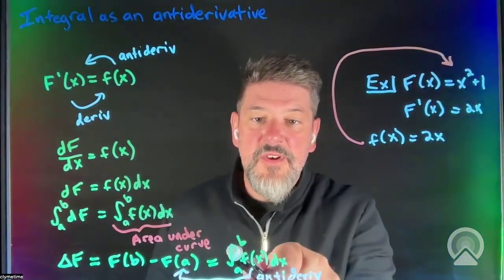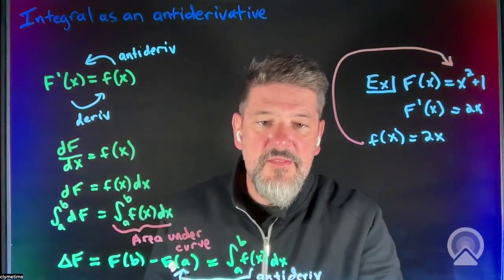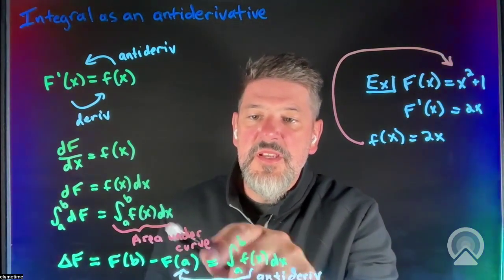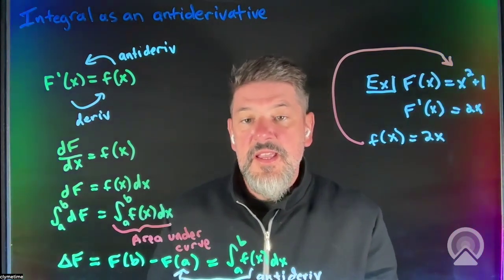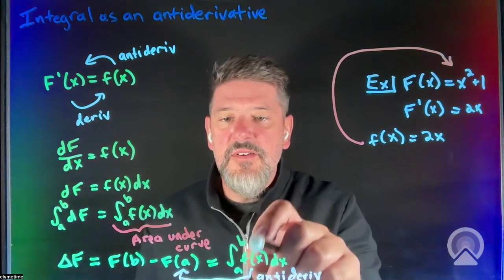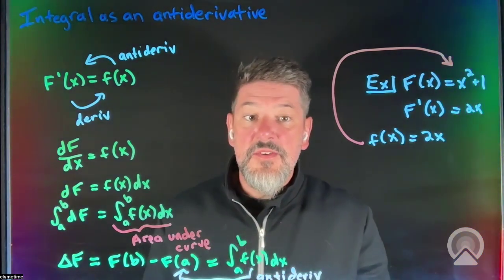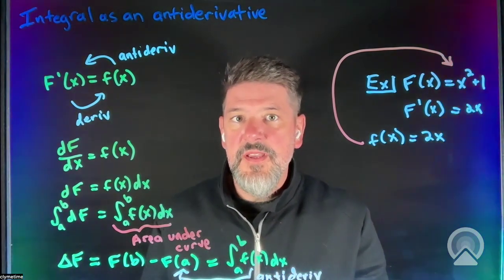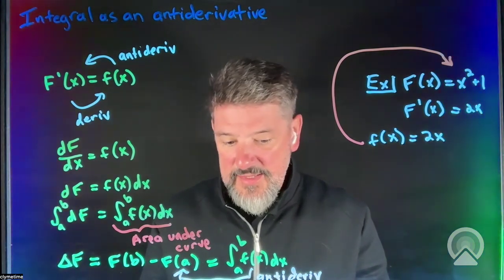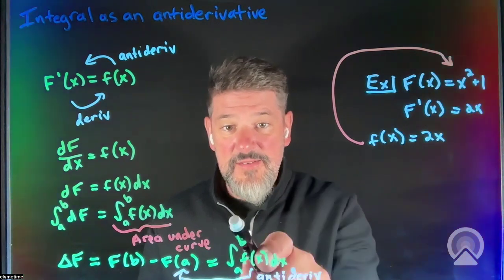One way is to find the area underneath the curve. The second way is to take the antiderivative, plug in B, plug in A, subtract one from the other, and you get the same value. So either way works. Okay, so this is called a definite integral.